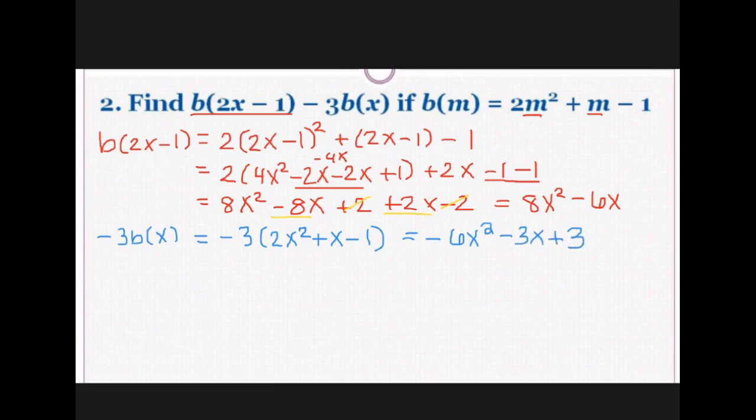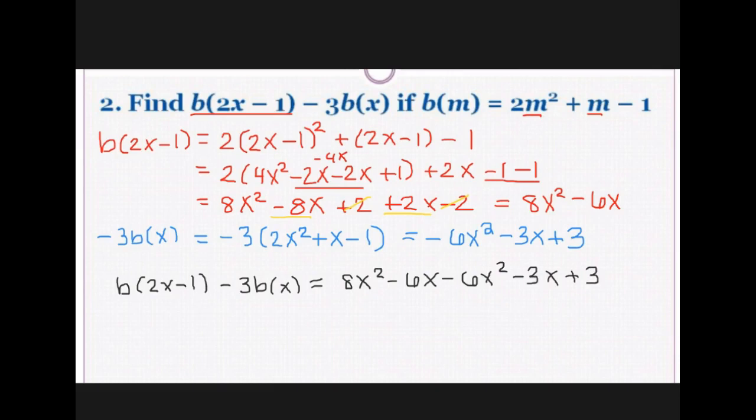And then for the last step, I'm just going to write it and group it all together. So what that means is b of 2x minus 1 minus 3bx is equal to 8x squared minus 6x minus 6x squared minus 3x plus 3.